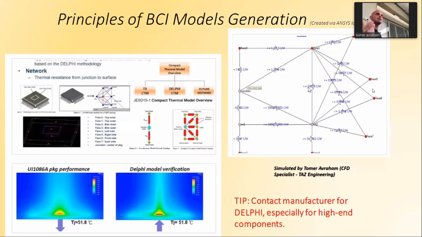It's the package, some kind of plastic, and inside there's a silicon, and there are little wires and many materials. They are not supposed to be affected. It's like a black box for you. They should not be dependent on which boundary conditions you use. Okay? So yes, you set up the boundary conditions, but if you have a Delphi model, then you can use it, and the numbers don't change.